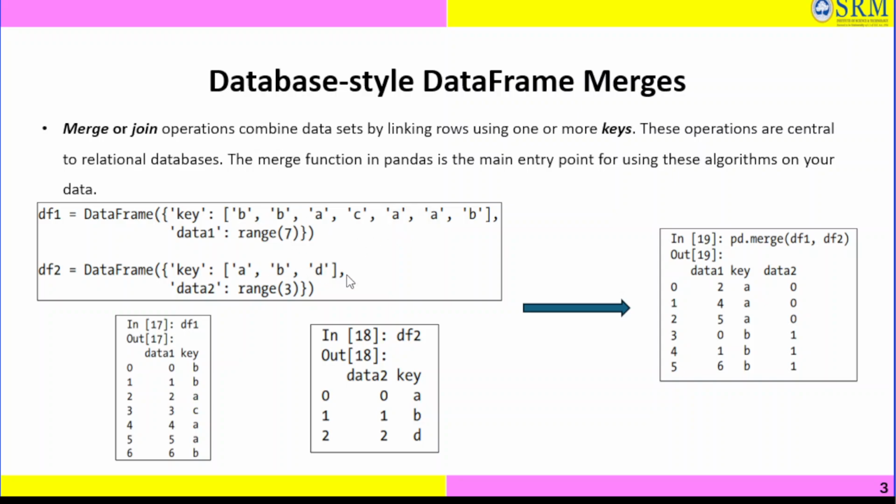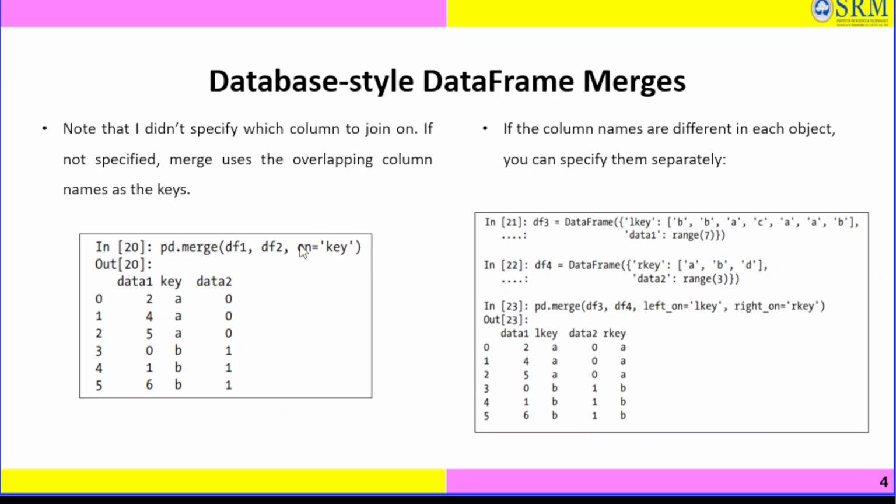From these two data frames, two key values are common, for example, A and B. So based on A and B common key values, it is matching the values from data1 and also data2. It is merging the values from the two data frames. This is called the merge function.